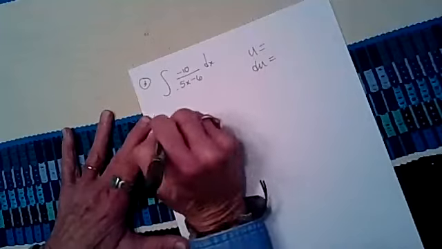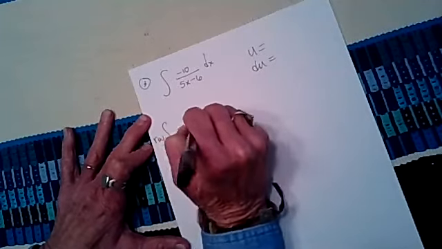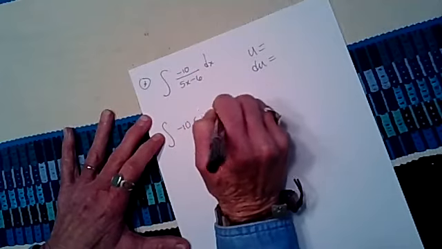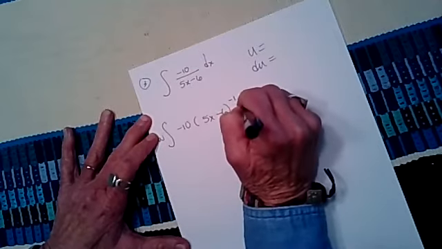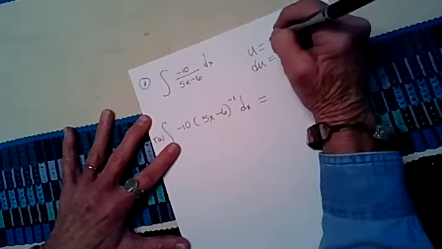And so I'm going to need to rewrite it, bringing my denominator up. And remember, we have to bring the whole denominator up, so it's understood to be to the first power. Okay. All right, so what is my u? It's the inside.